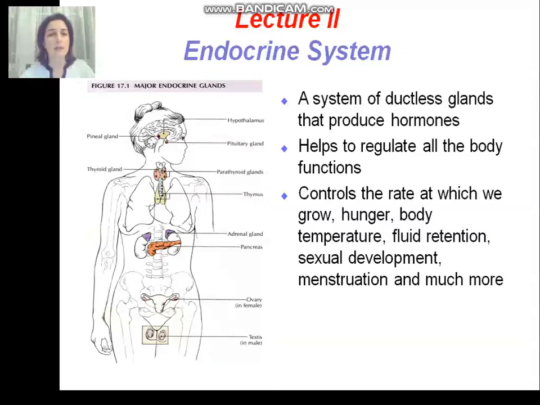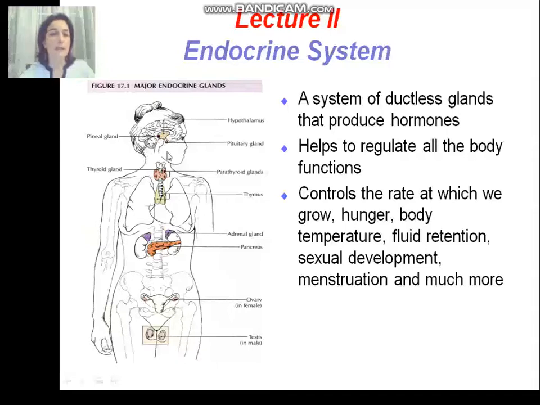By that way, the hormones reach their target organs to influence their functions. So the nervous system together with the endocrine system integrate and interact with each other to control and modulate the body functions. Here we are looking at those glands which we are going to talk about.